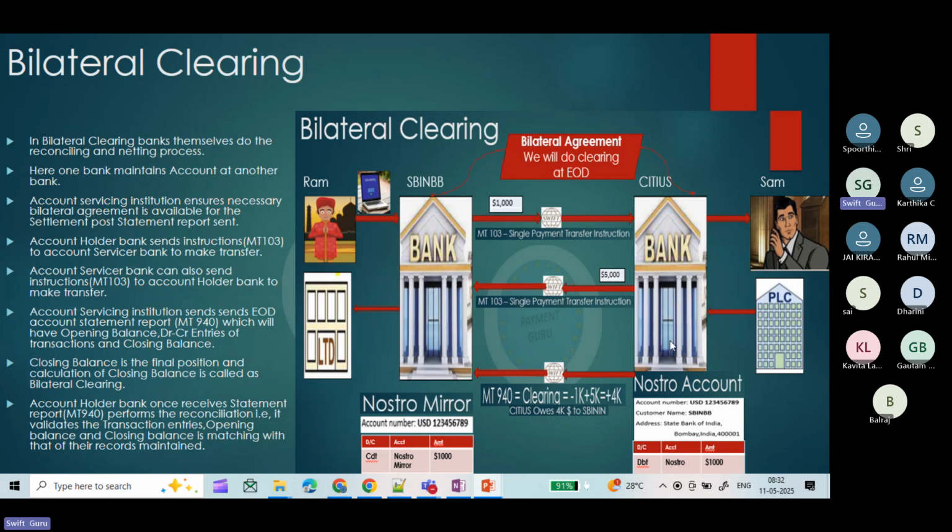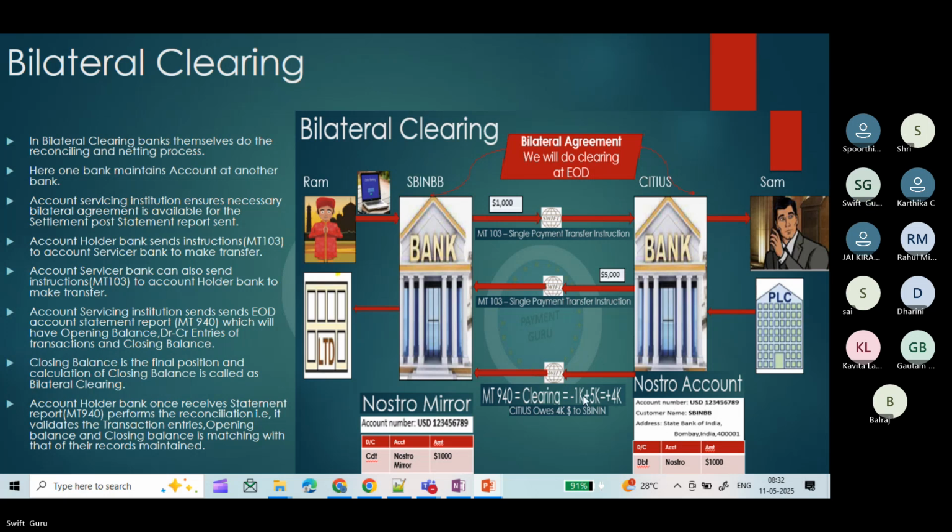Meaning they will generate an account statement report. A daily account statement report will be generated on this particular account and sent out to State Bank of India. This statement report will contain their opening balance, their closing balance, and all the transaction entries throughout the day on this particular account.